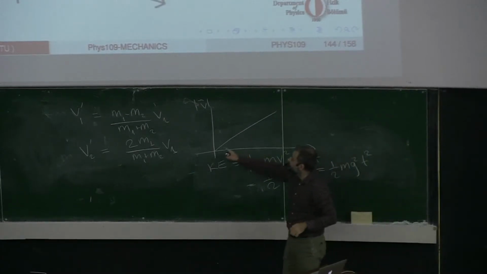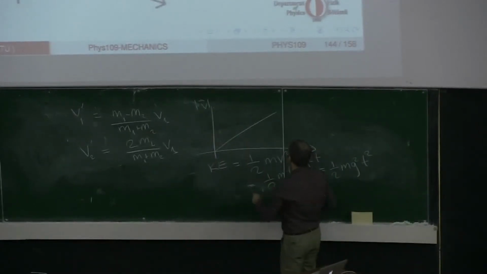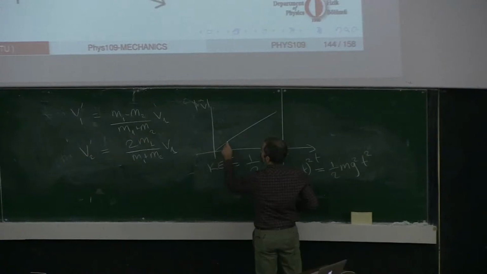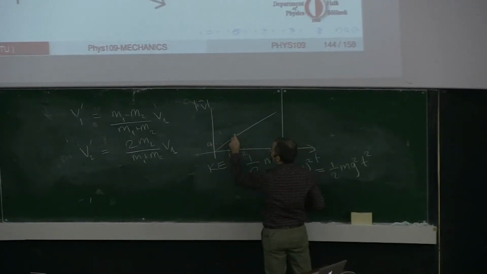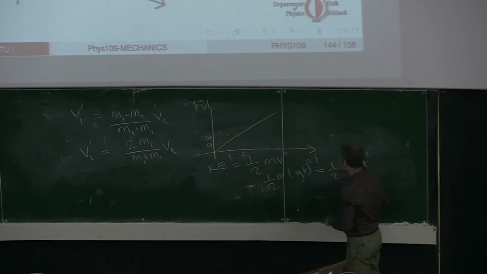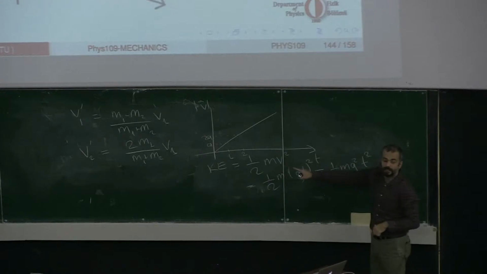So this, a linear graph, just means that if at t equal to 1, the value is a, at t equal to 2, the value is 2a. But I know that if at t equal to 1, the kinetic energy is 1 unit, at t equal to 2, the kinetic energy is 4 units.